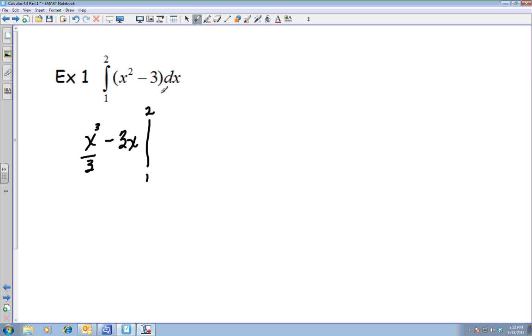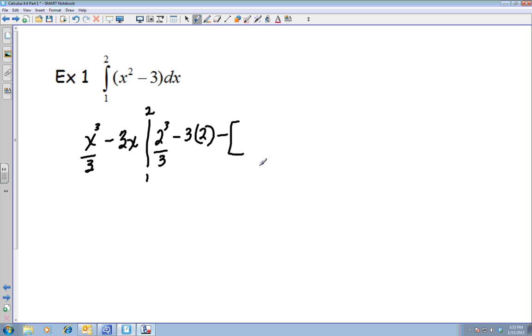And I'm evaluating by plugging in my 2 and my 1. You always plug in your top number first, or my upper limit. So I have 2 cubed over 3 minus 3 times 2. I plugged in my top one in place of all of your x's. Minus, now you have to be careful because it's minus everything that comes next.